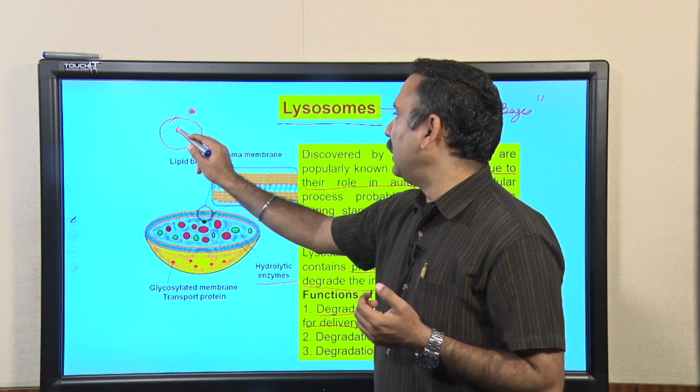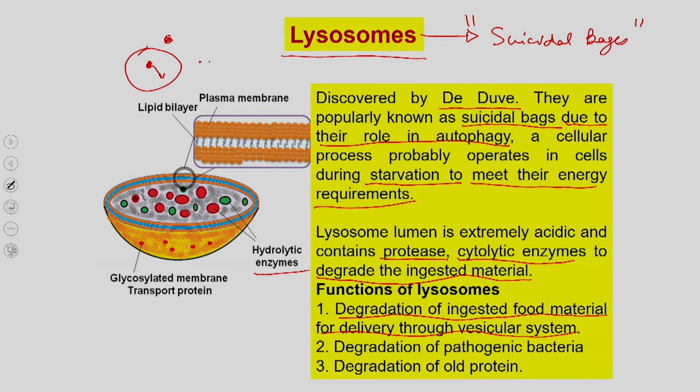So, this food material has to be disintegrated into individual biomolecules. That is the function of the lysosomes. The lysosome will take up this food material, and with the help of its proteases and cytolytic enzymes, it will disintegrate it into smaller particles, and these smaller particles are good enough for the cell to use for nutrition.